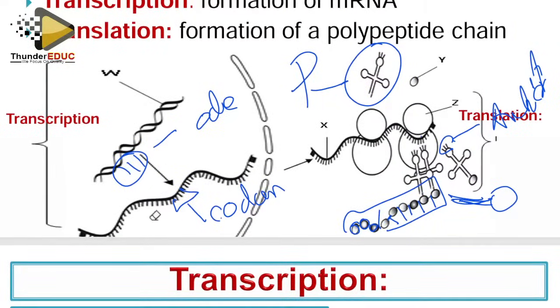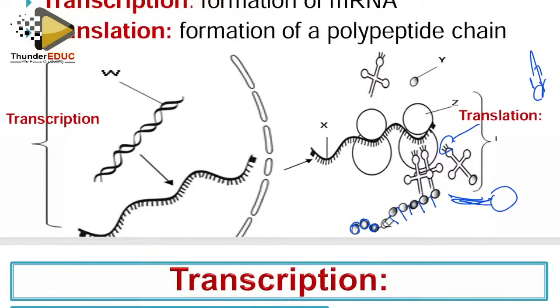So if they ask you to describe the process that takes place in the nucleus, then automatically you describe transcription in terms of synthesis. This is the nuclear membrane, while the small holes are the nuclear pores. Yes.